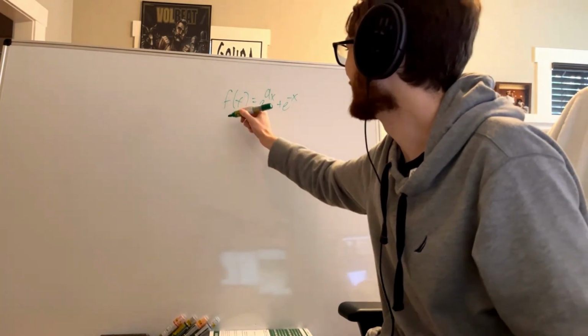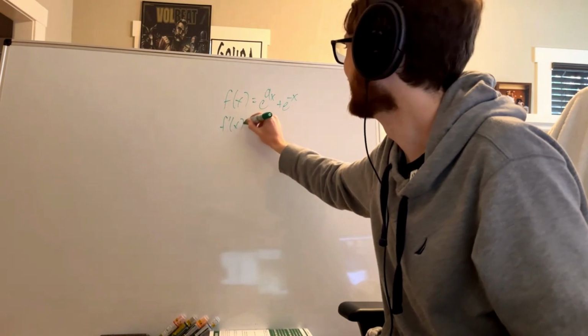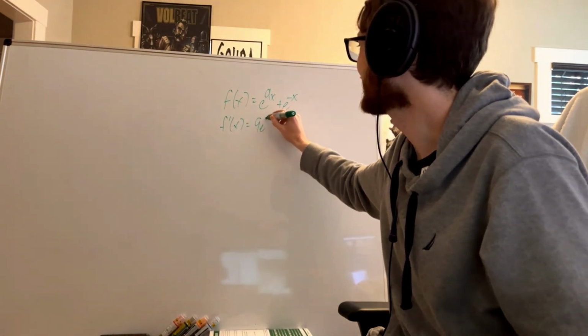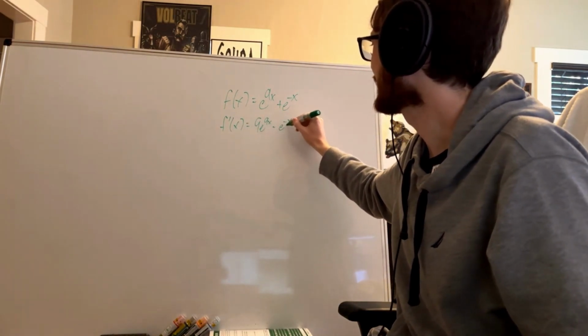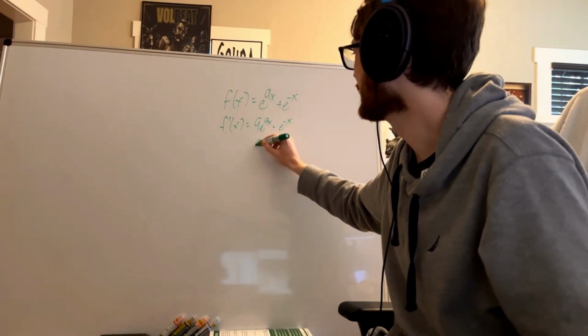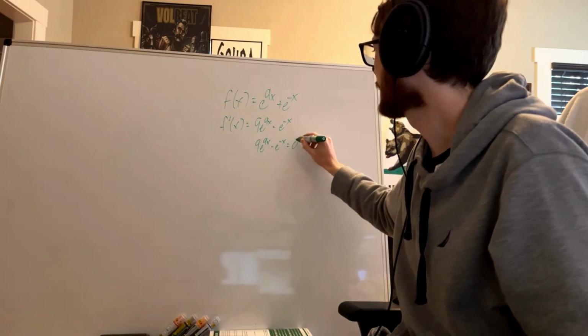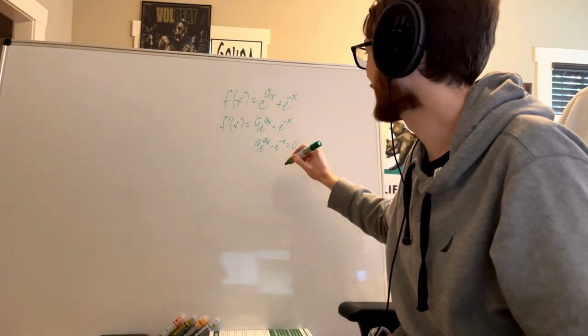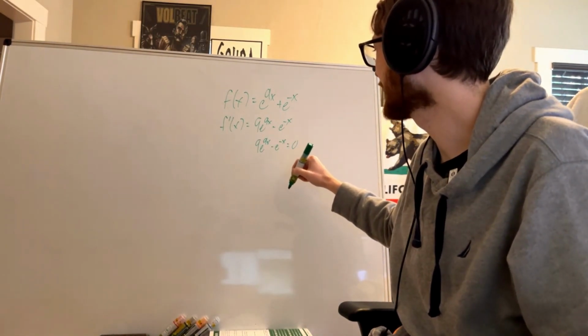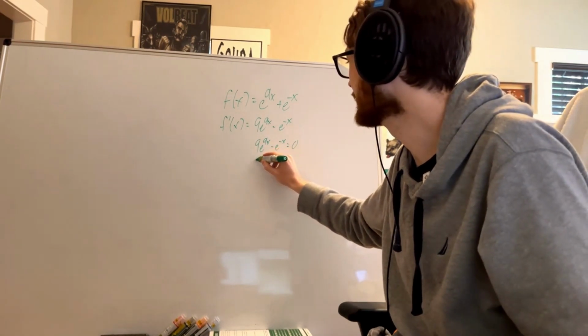So this is our f of x. Let's find f prime of x. That's 9e to the 9x minus e to the minus x. We set it equal to 0. This is kind of like the other problem that I just looked at before, actually. So let's multiply through by e to the x. That's a good first step here.